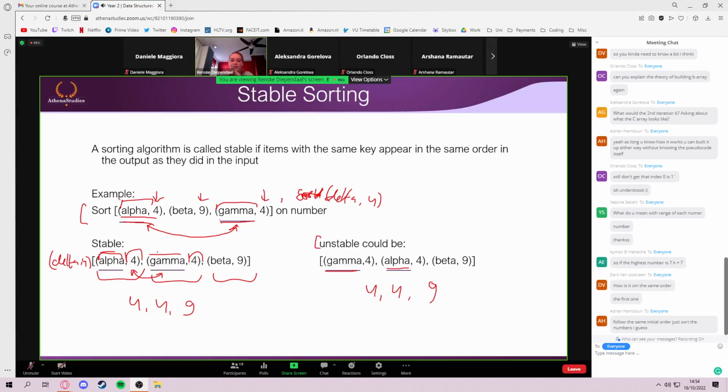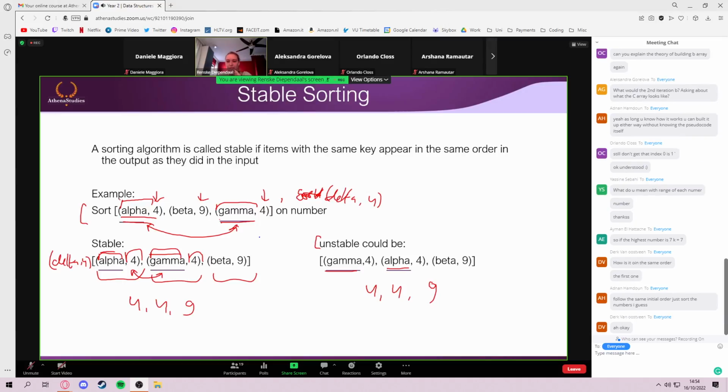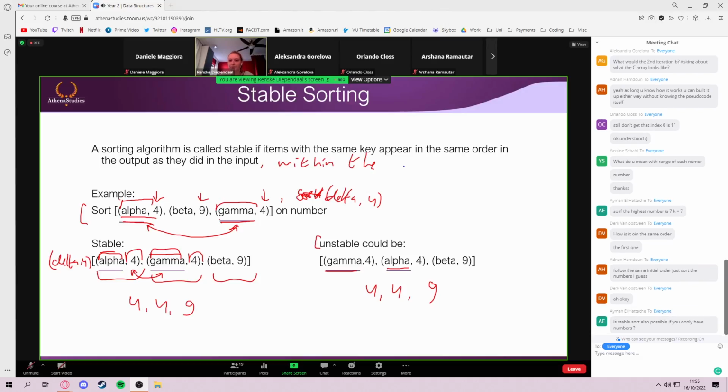So here we should also have alpha before gamma. Yeah, exactly. So as admin said, follow the same initial order and just sort the numbers. So it should be the same within the sorted parts, I guess. So in this case, it should be within the number.